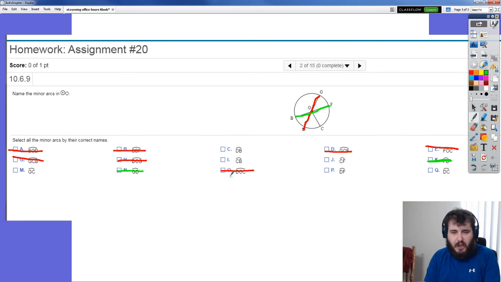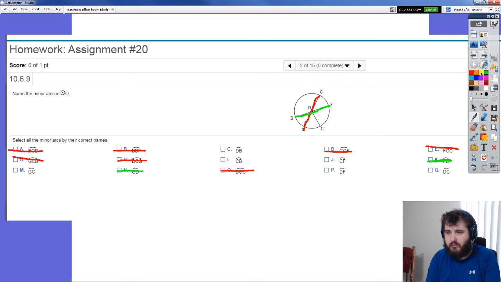The ones that I've struck out in red are either incorrectly named or they are a major arc, and so not what we want. The ones that I've struck out in green, those are improperly named semicircles that we can't use either. The rest of these should be minor arcs, and so you can check all the ones that are left.